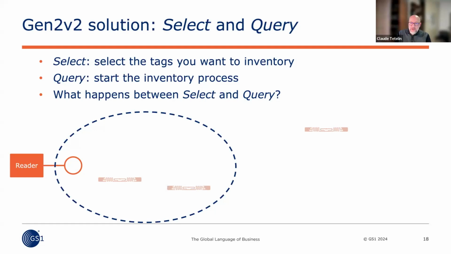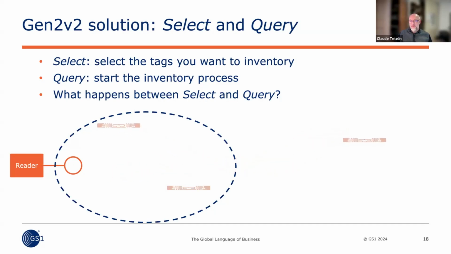But select is a broadcast command, so there is no way for the reader to know if it has been well received and interpreted by the tags. And after the select or multiple select commands, then you start the inventory process using the query command. And of course, you will inventory only tags that are still energized and that have been previously selected. But what happens between the select and query?